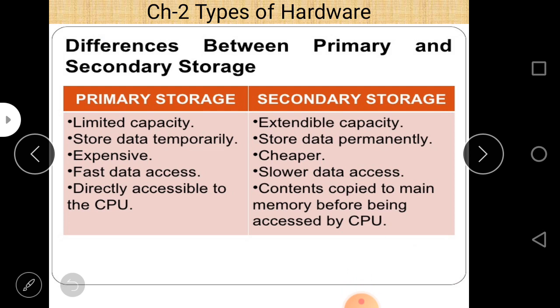And the last point is that primary storage is directly accessible to the CPU, and secondary storage content is copied to the main memory, meaning primary memory, meaning RAM, before being accessed by the CPU. So data will go from secondary memory to RAM, and after that it can be accessed by the CPU.